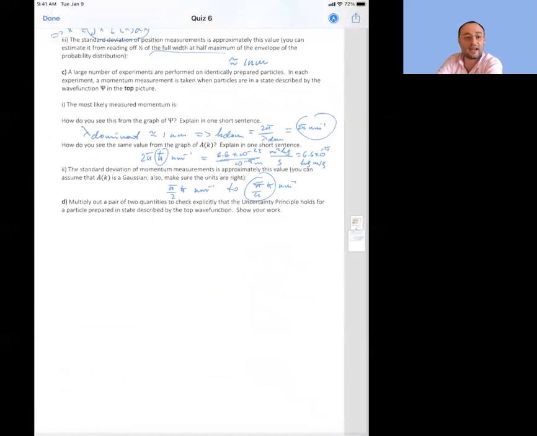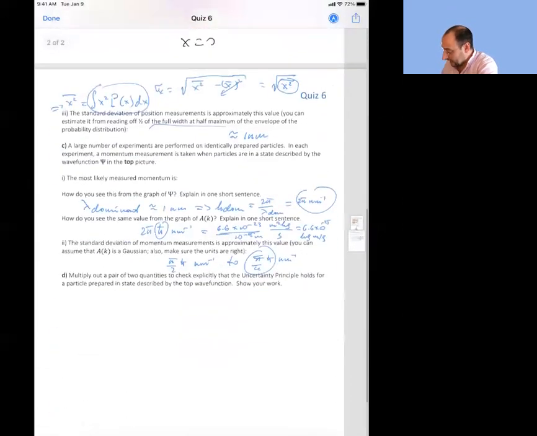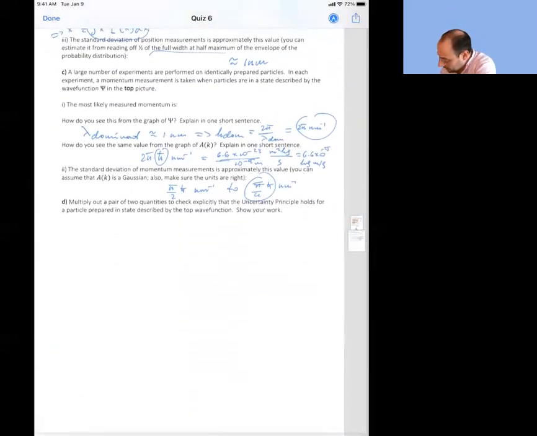And the last thing it's saying is to multiply a pair of quantities to explicitly check that the uncertainty principle holds for a particle prepared in a state given by the top wave function. So what is it that we have to multiply? Checking the Heisenberg uncertainty principle means you multiply these two things. The spread in the x values is 1 nanometer, as we just established.